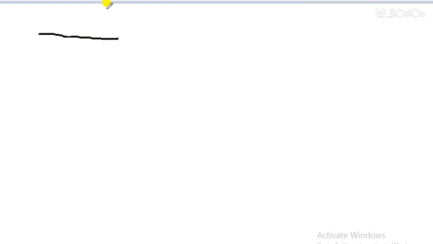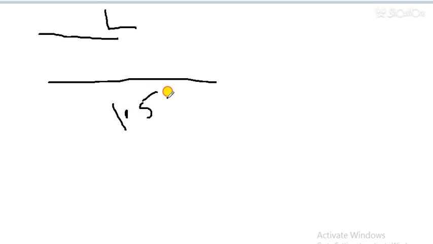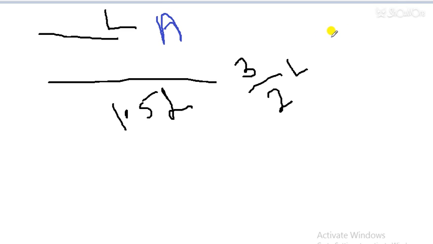Suppose the length was L and the new length was 1.5 L. So now you can see this L is 3 by 2 L. That means area will be, in the earlier case area is A, in this case area will be 2 by 3 A. Students, we have to multiply it and keep L·A as constant.